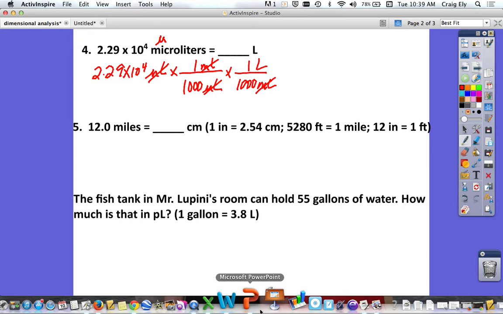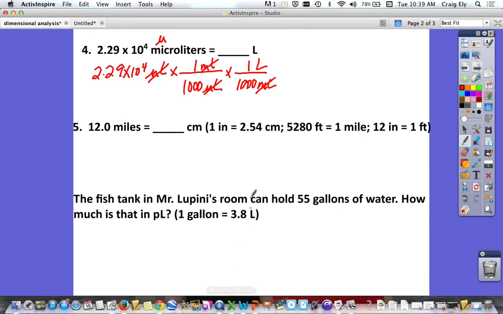That's what we want. Now we've got these 1,000s here, so we can do what we just did with the last question. 1,000 is the same thing as 10 to the third, right? But since we're on the bottom, we want to make these negative. So what we have here is basically 10 to the negative 6 when we put these together.